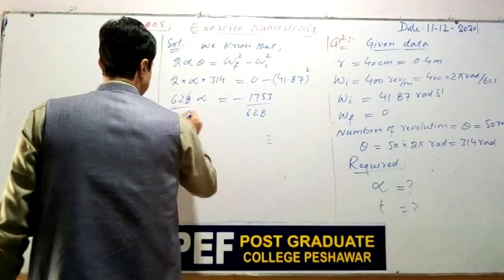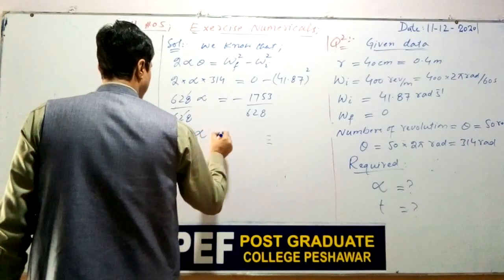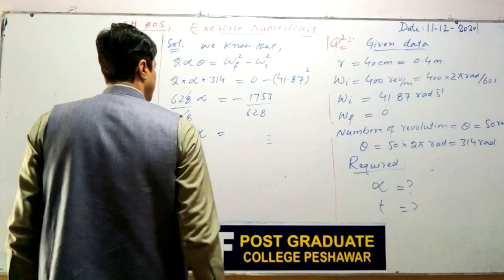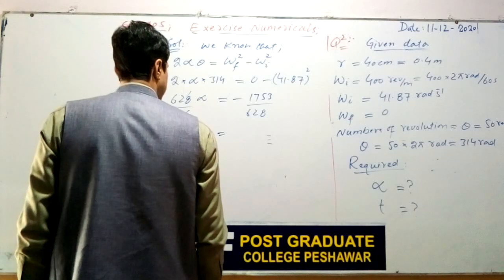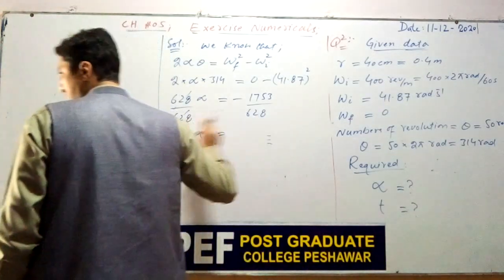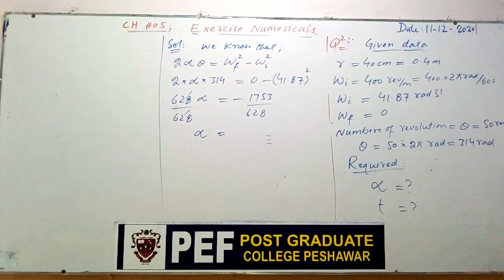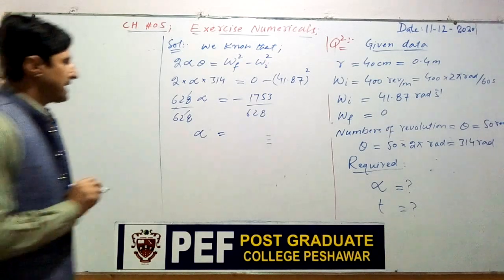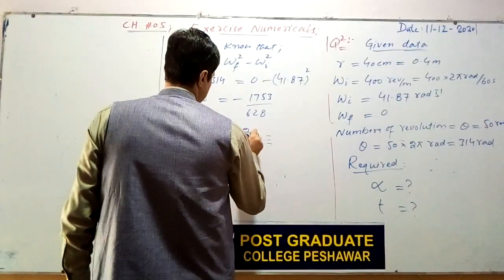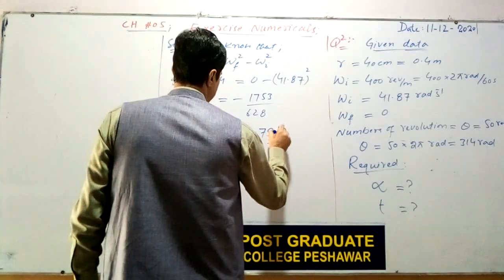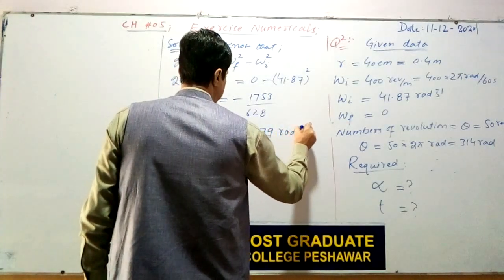So this 628 will cancel out, so alpha is equal to minus 1753 divided by 628. By carrying out this calculation, we get minus 2.79 radian per second square.